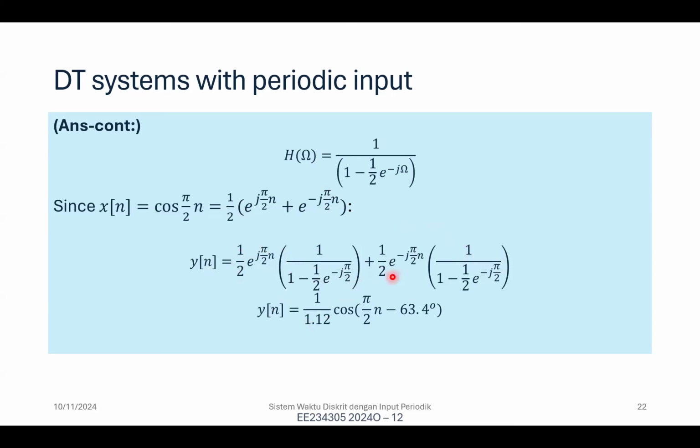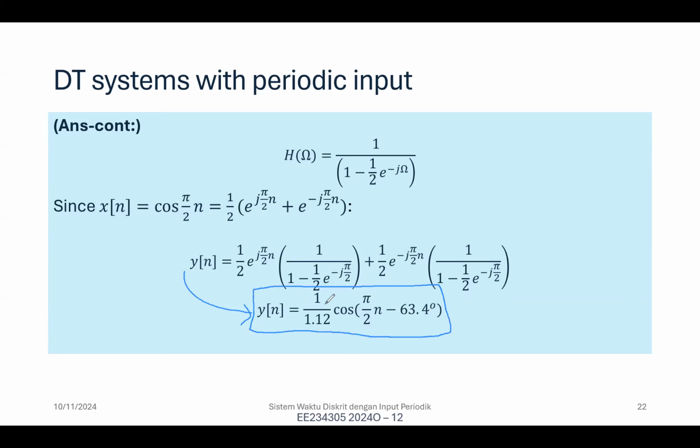Now we can do some trigonometric operations to make this simpler, but actually this form is already all right. If possible, we use the fact that, for example, e to the jω is cos ω plus j sin ω.